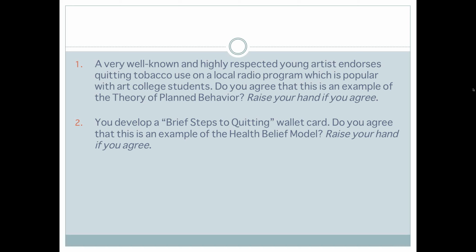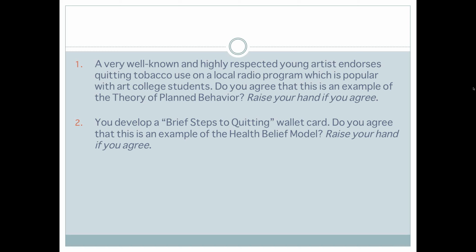Okay, it looks like about 20% of you agree with that statement, and the correct answer is to agree. It fits best with the cues to action in the health belief model. In the health belief model, you're trying to influence the beliefs about a problem to change a behavior, and cues to action help you engage in that behavior.